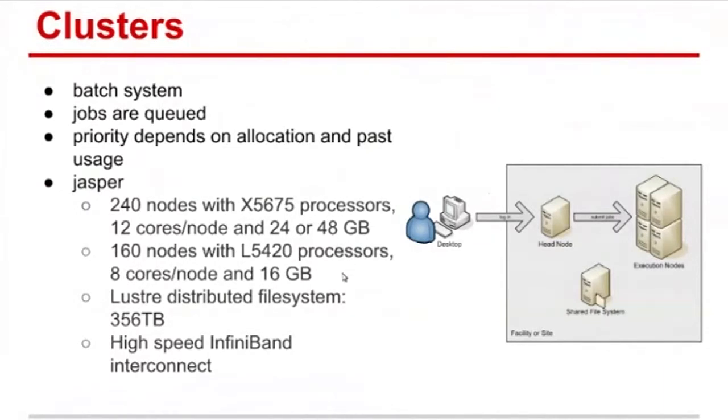And it's served by a Lustre distributed file system consisting of 256 terabytes. And the cluster nodes are connected through a high-speed InfiniBand interconnect. Other clusters on WestGrid have similar characteristics. Some of them are very special and quite different, but most of them look like this one.